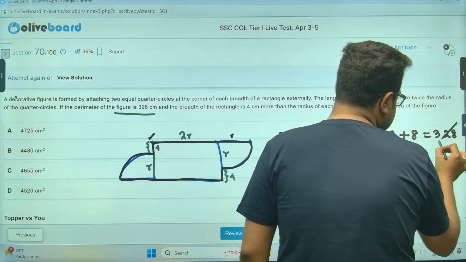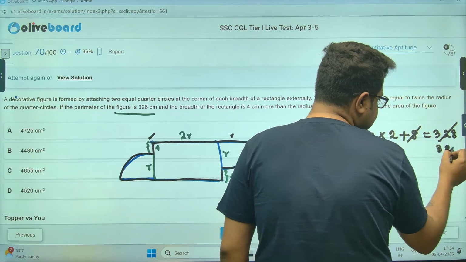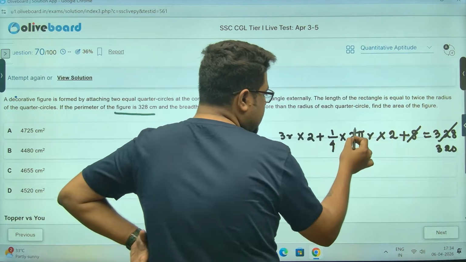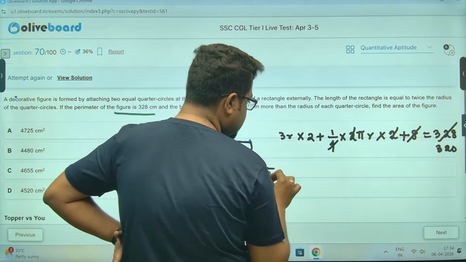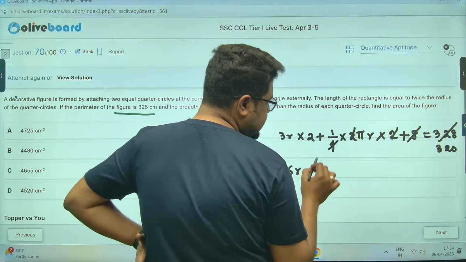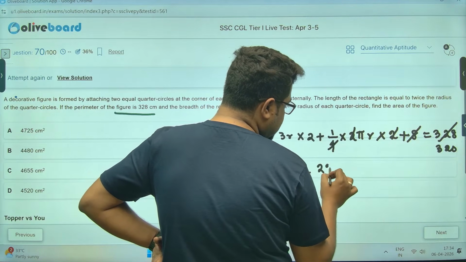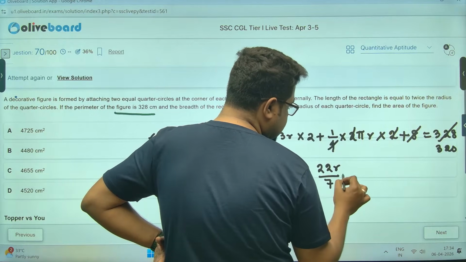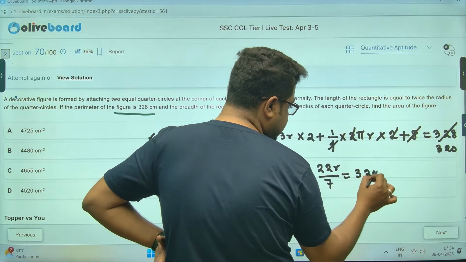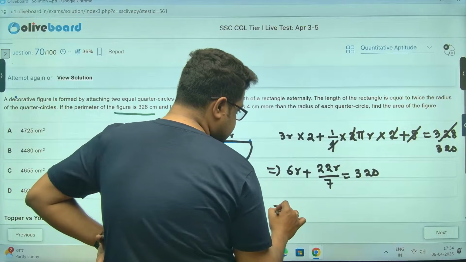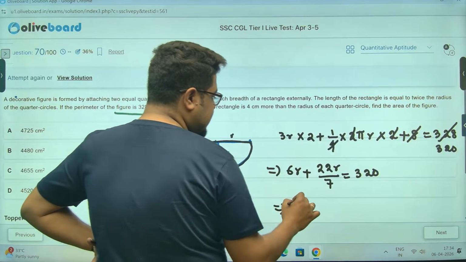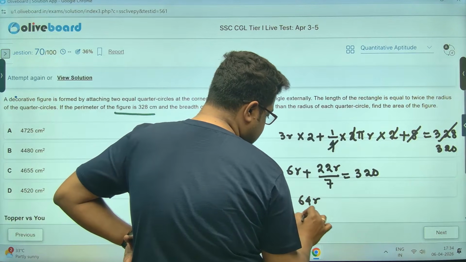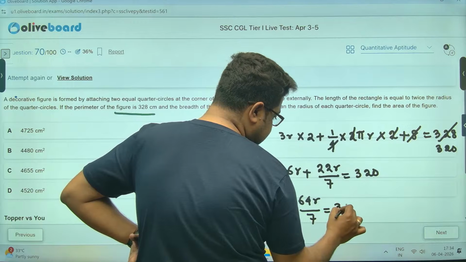328. So first of all, this 8 and 8 gone. This is 320, sir. Now, 2 and 2 gone, 4. So 6r plus 22r by 7. This is equal to 320. So this is 64r by 7. That is 320, sir.